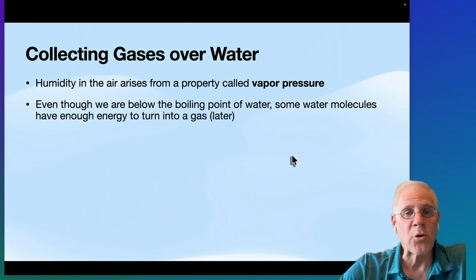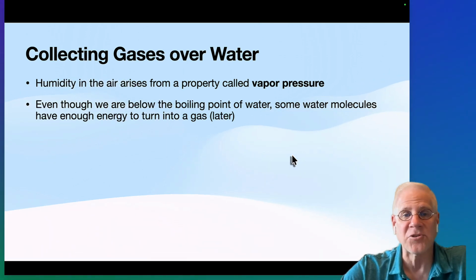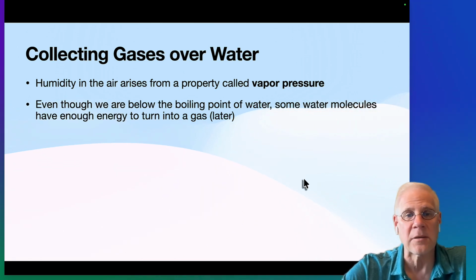So even though we are below the boiling point of water as we walk around outside, there are water molecules that have enough energy to turn into a gas. We'll look at that in more detail a little later in this lecture.